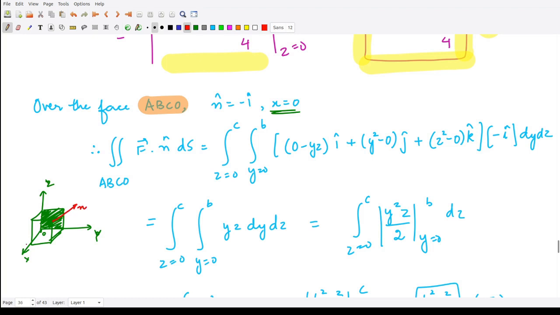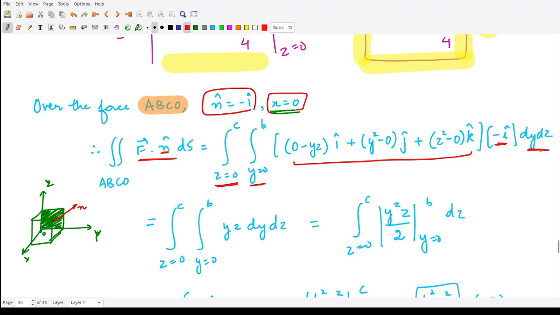So it would be in the direction of x cap, but in the negative x direction. So this unit vector would be minus i cap here. So accordingly, your surface integral in this case becomes, this is your f vector where you have substituted in place of x the value 0, and the n cap vector that is equal to minus i cap vector, and here also we have variable limits for z and y.